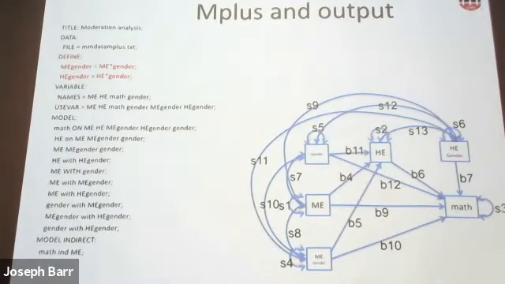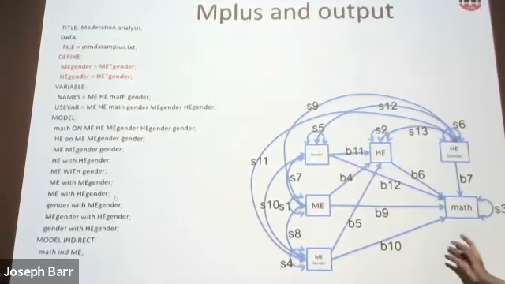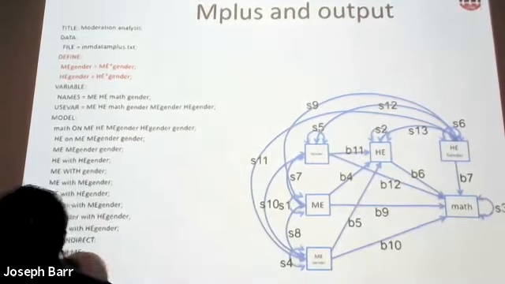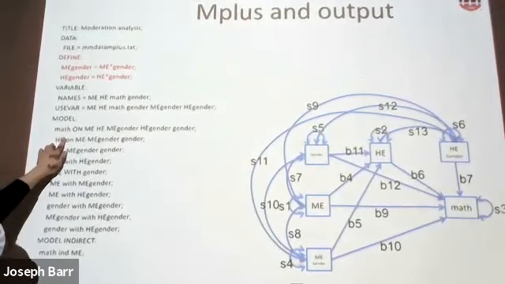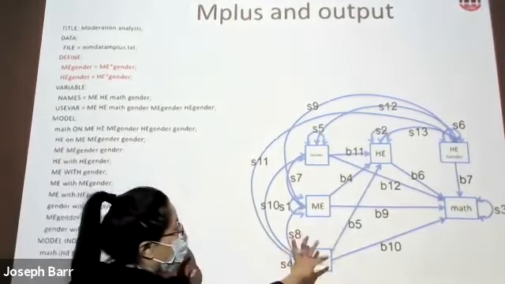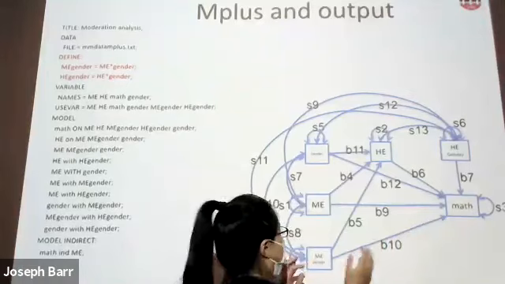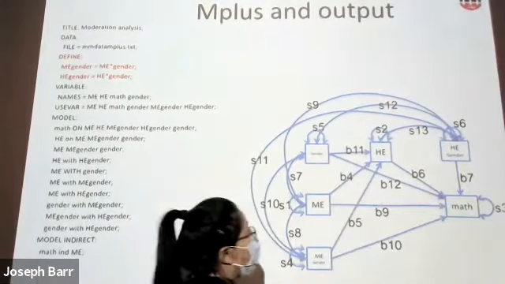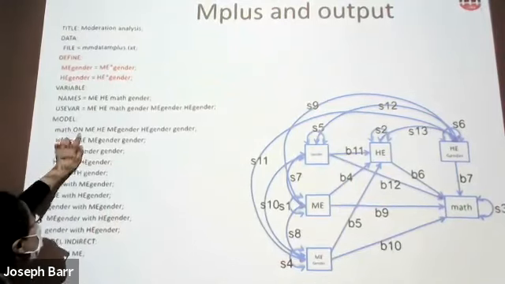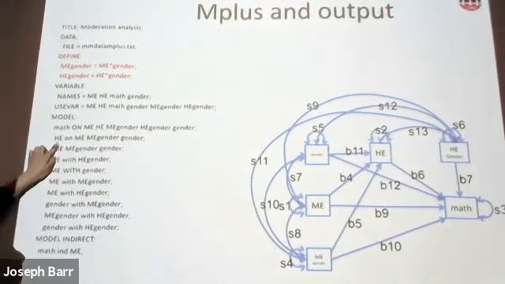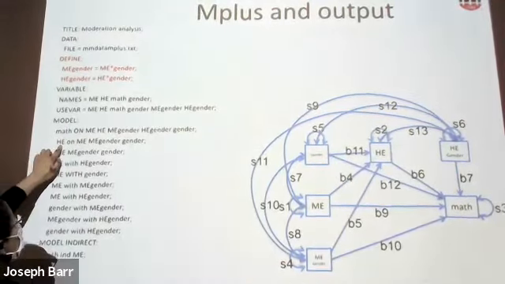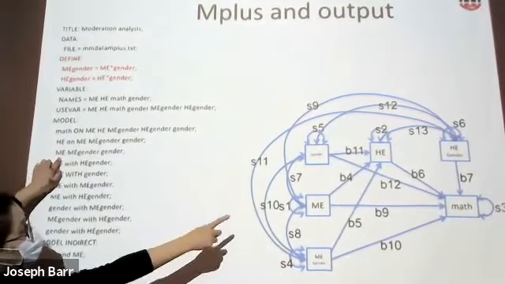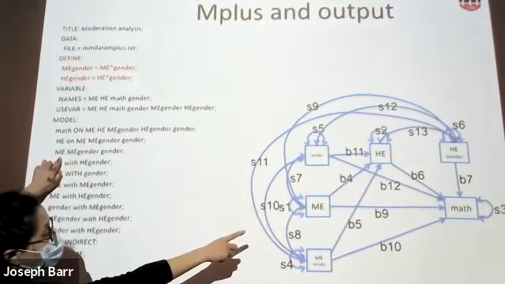And for Mplus, that's the code for the same model. If we use Mplus, that is our model. So math, okay, so we have a lot of dependent or independent variables. All of this should be included here. Math on all of this. HE on, okay. ME on, ME.